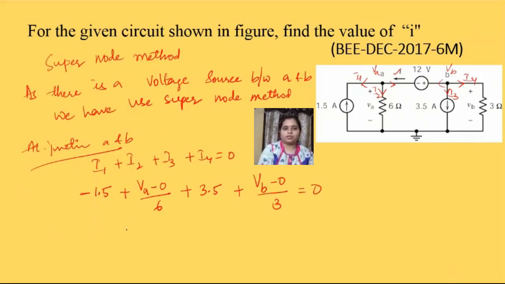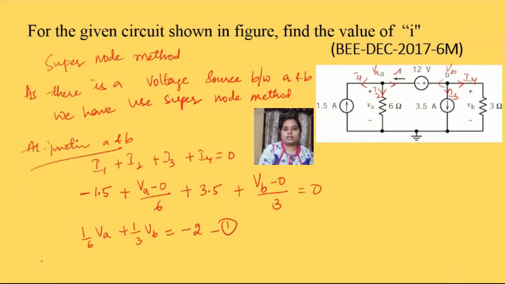Just solve this equation. It is 1 by 6 VA plus 1 by 3 VB is equal to minus 2. So this is equation 1.